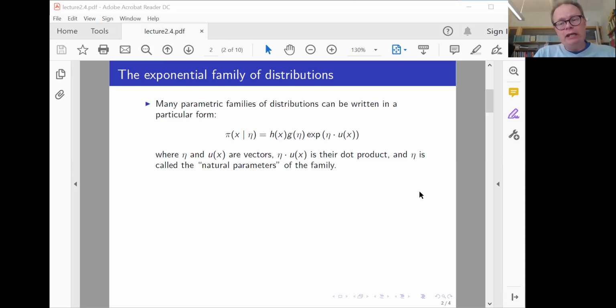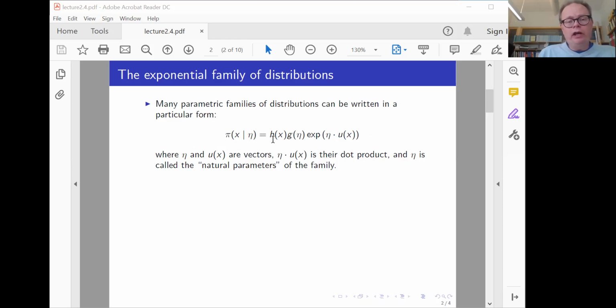So it's not the exponential distribution, which is one particular distribution, but this is a family, the exponential family of distributions. So many parametric families of distributions can be written in a particular form. So you have the variable here. It can be one dimensional or several dimensional, and then you have the parameters here.